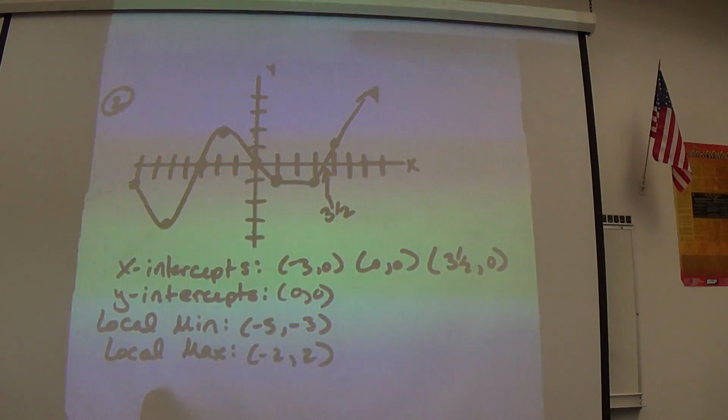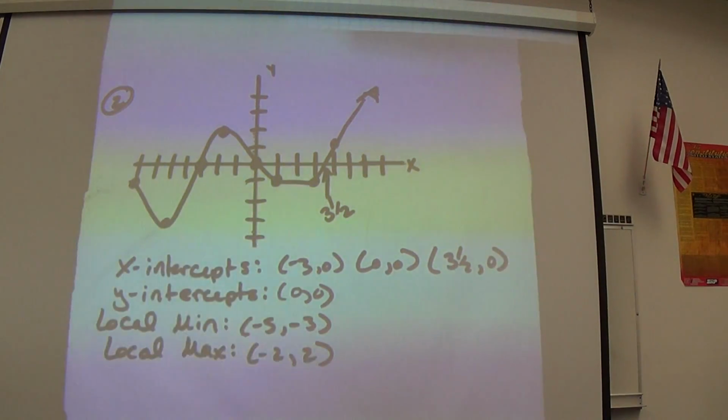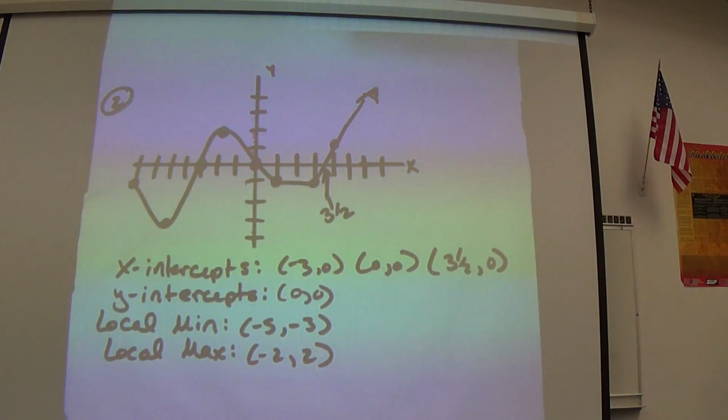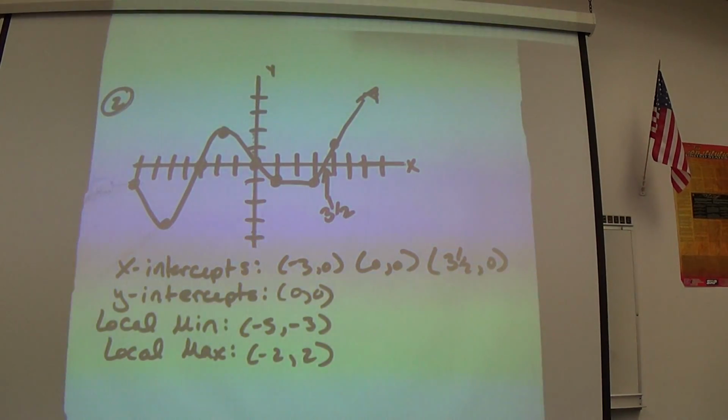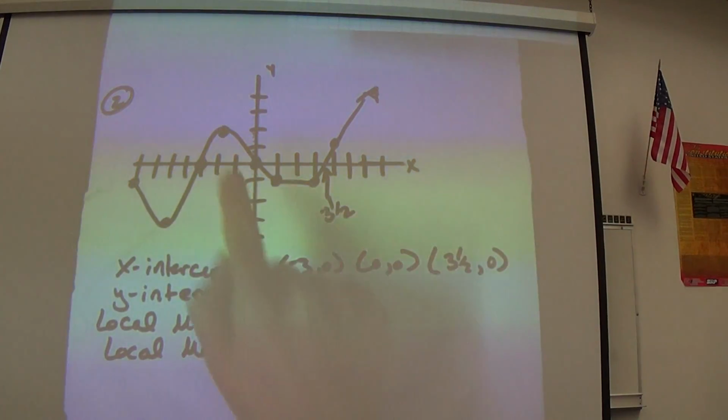Couple of things to make note of. If you have a point that stops, it is not a local min or local max. If you have a point that flattens at this level, it is not a local min or local max because it flattens. In other words, this is not one of those little dips.